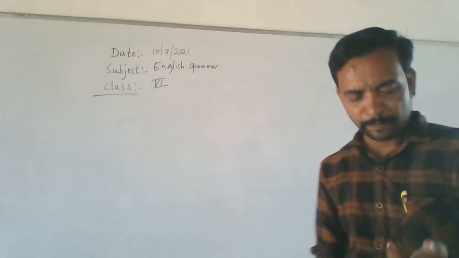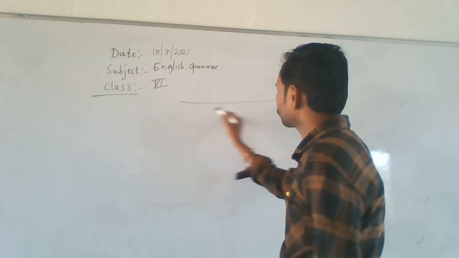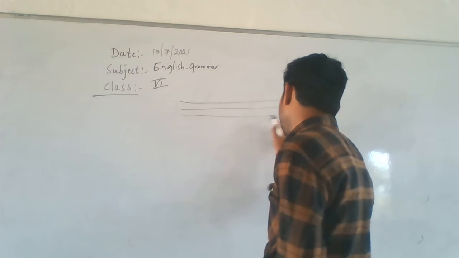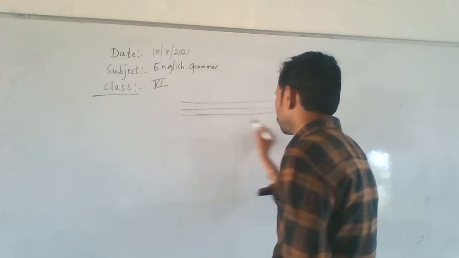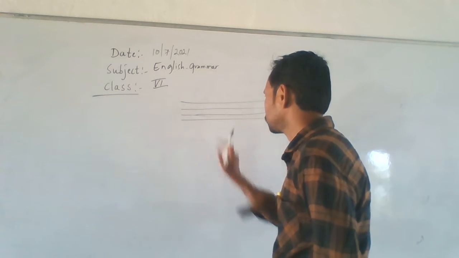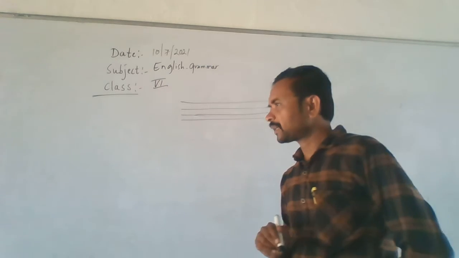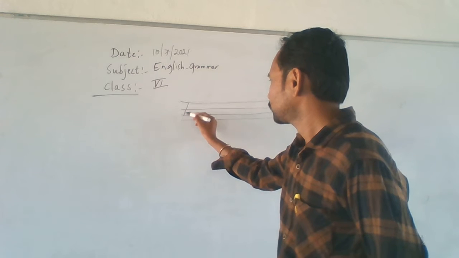So let's see how to write. How to write copywriting letters in 4 lines. I will give one example. It's like 4 lines are there. If you want to write a capital letter, you have to write like this.